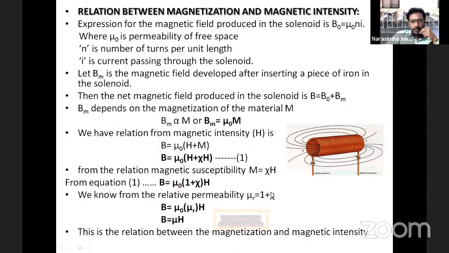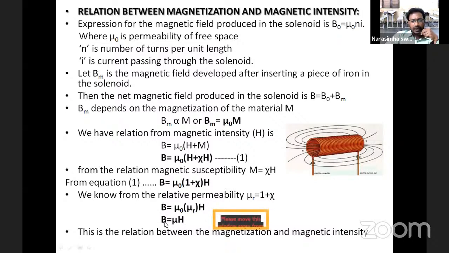So in place of this bracketed term we replace it in the next equation: B is equal to mu naught mu r H. Again, in the relative permeability discussion, the product of the permeability of free space and the relative permeability gives the permeability of the medium, that is mu. So we can rewrite mu naught mu r as mu. Finally we obtain the equation B is equal to mu H.